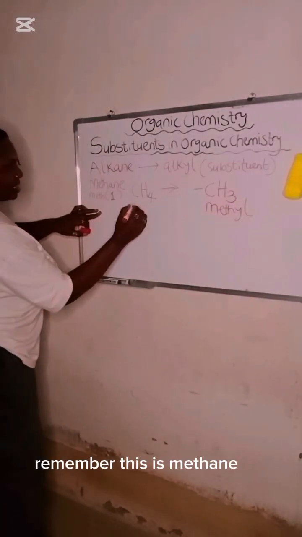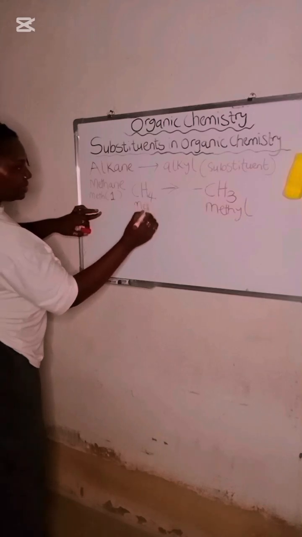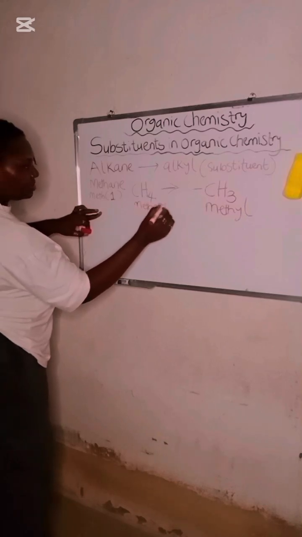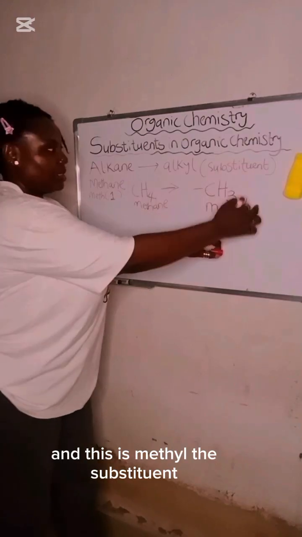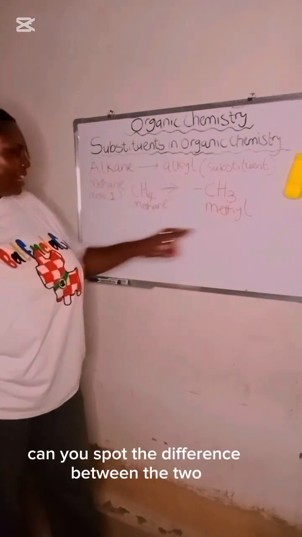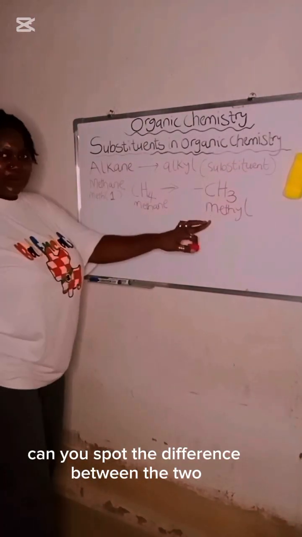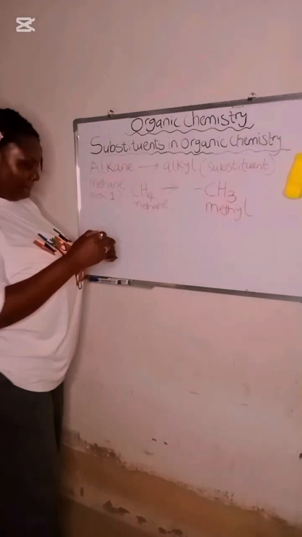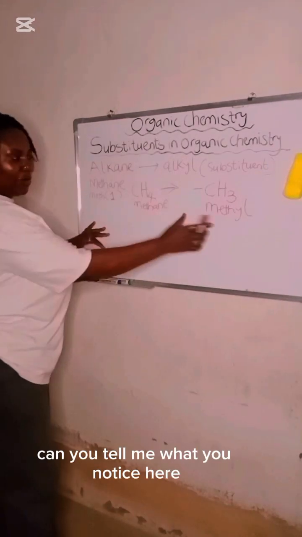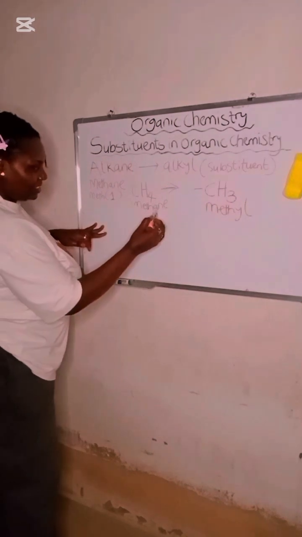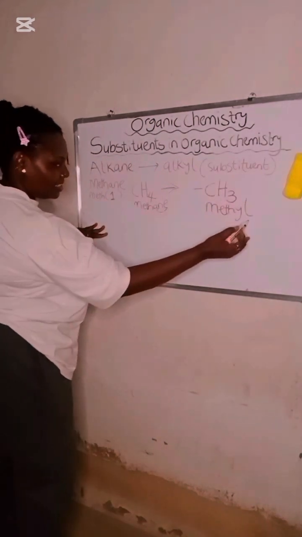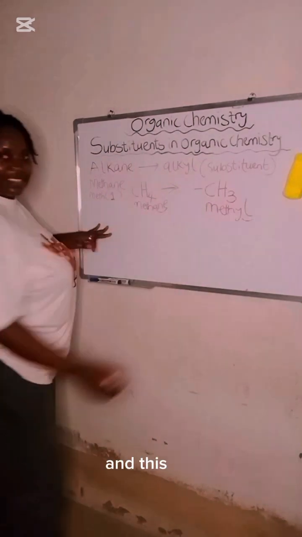Remember, this is methane, and this is methyl, a substituent. Can you spot the difference between the two? Can you tell me what you notice here? This and this.